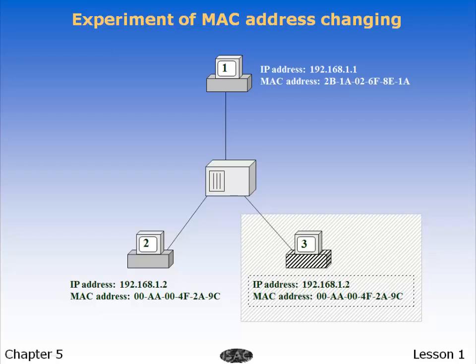The IP address needs a MAC table or ARP cache, where it will know which IP address corresponds to which MAC address. So, I set the IP addresses as you can see on your screen for PC1 and computer 2: 1.1 for the first and 1.2 for the second computer, and they were communicating.